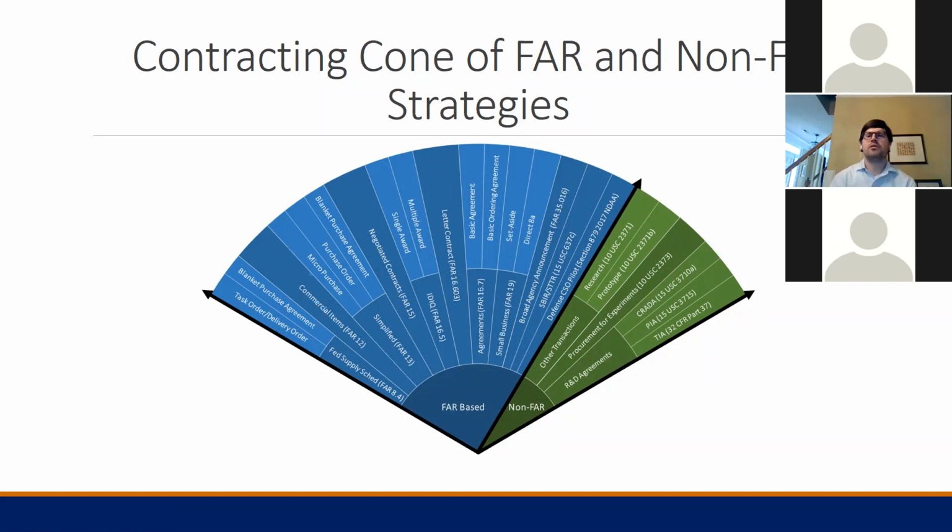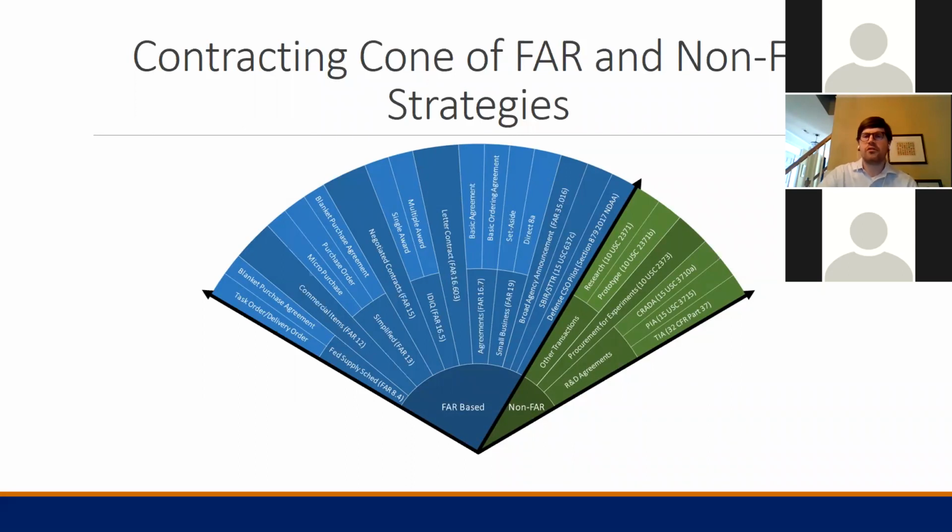But I think it is worthwhile to note, just from an overall perspective, that the procurement of goods and services is definitely dominated by the FAR, but there are other vehicles in terms of what are known as OTAs, other transaction authority, or CRADAs, which is a collaborative research and development agreement, the government equivalent of a non-funded agreement.